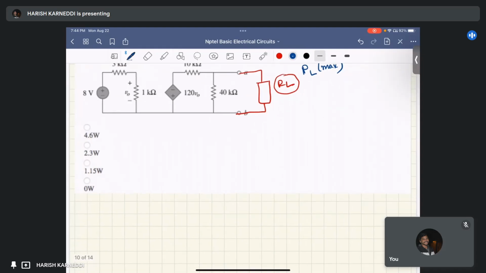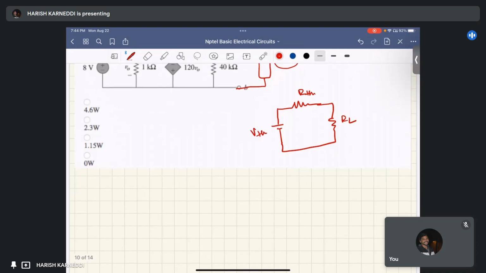Okay. Just we saw that, I am drawing the previous circuit only. This is VTH. This is RTH. This is RL. The condition for the maximum power transfer is RTH equals RL, right?